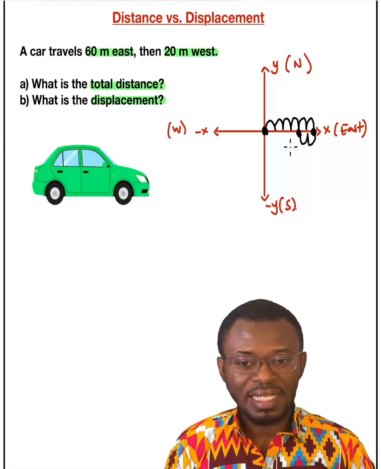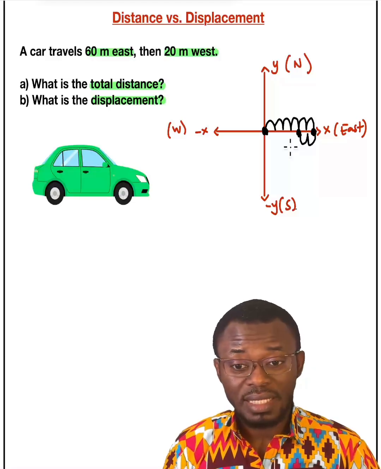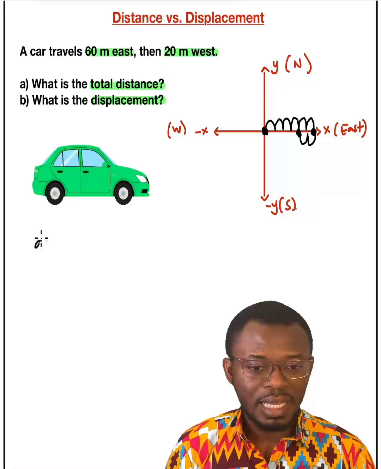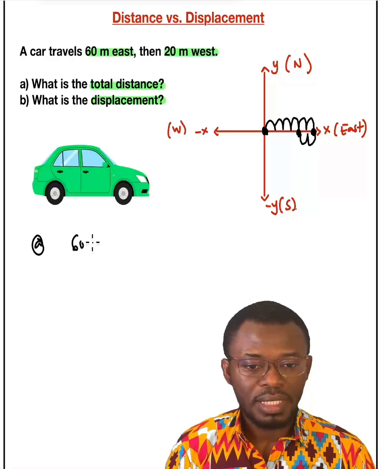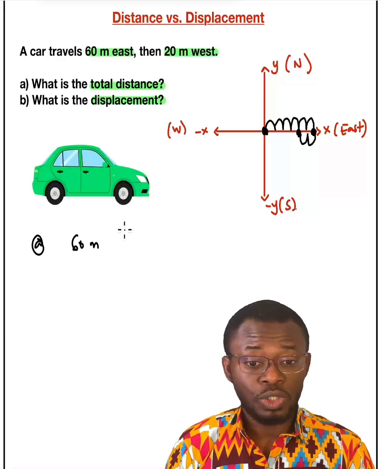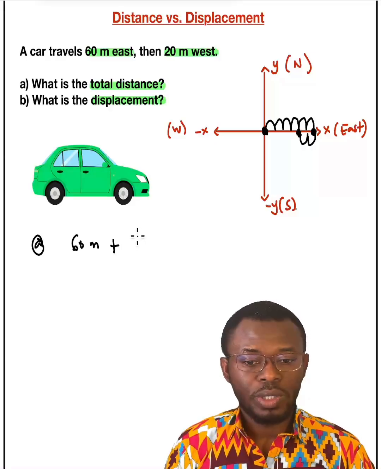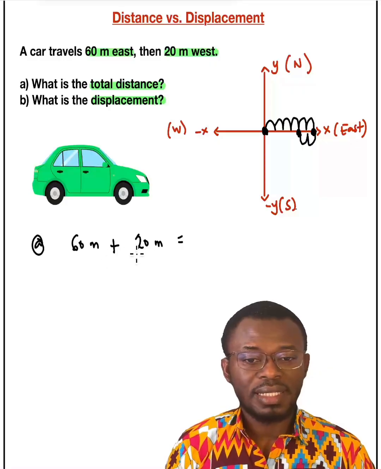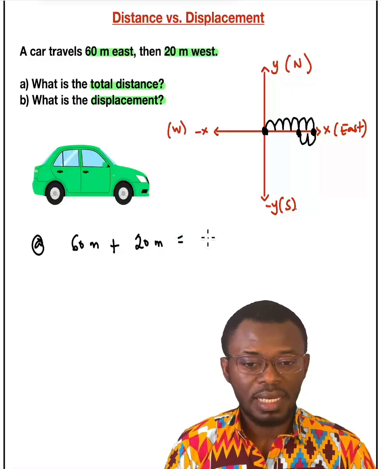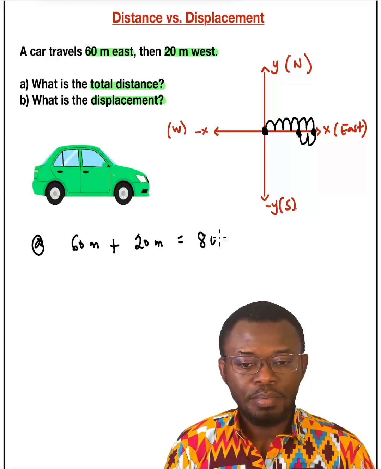So the total distance A is going to be 60 meters, the distance traveled for the first part of the journey towards east, plus 20 meters, the second part of the journey. So the total distance is 60 meters plus 20 meters, and that gives us 80 meters.